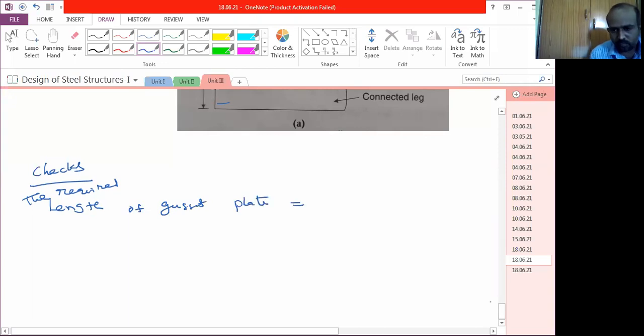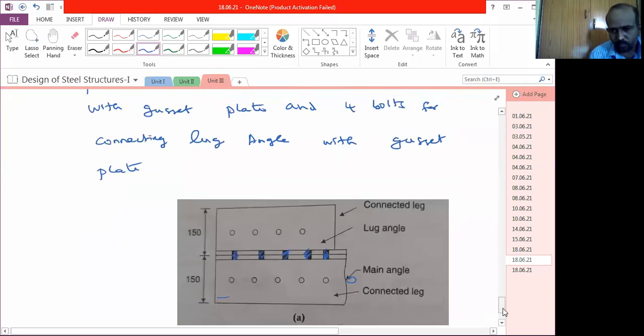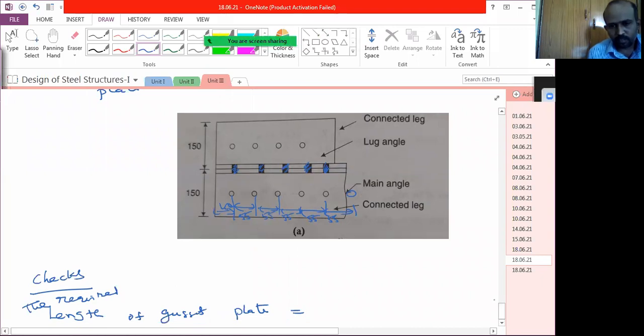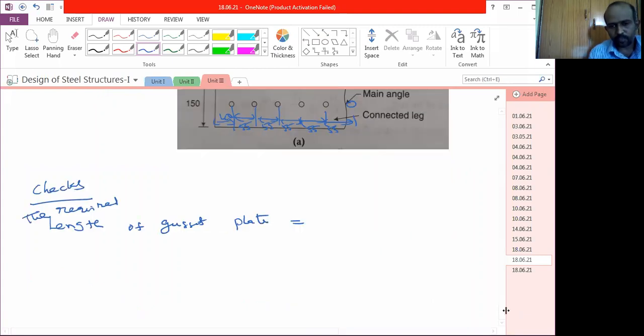How to calculate? Now we are providing 6 bolts. What is the pitch distance? 55, we calculated, right? Pitch distance 55. The edge distance will be 40. So what is the total length? 55 multiplied by 5 plus 40.